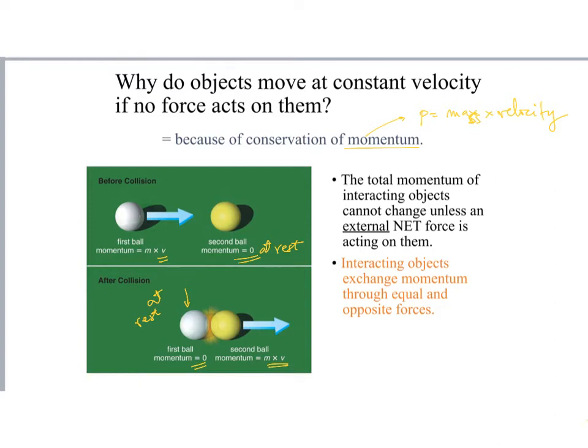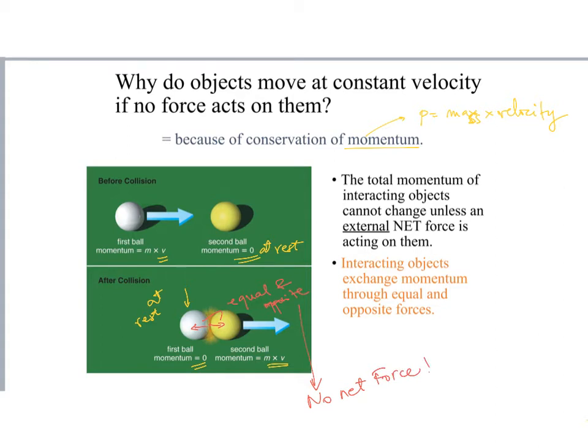So the thing is, when they collide, one acts upon the other, but because of Newton's third law, these forces are equal and opposite. So that means no net force.